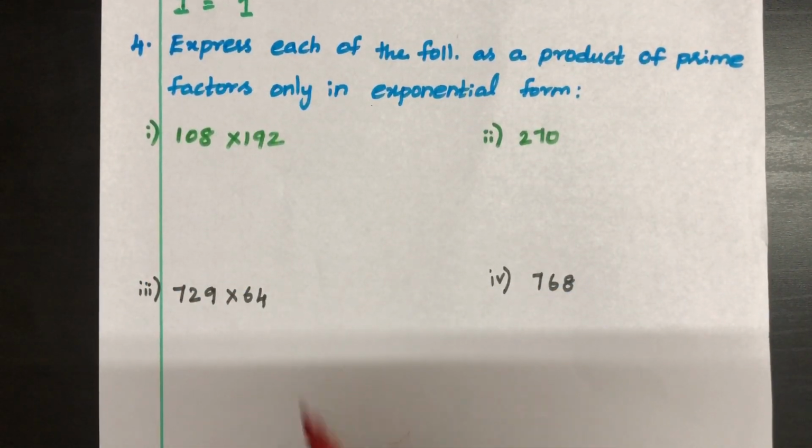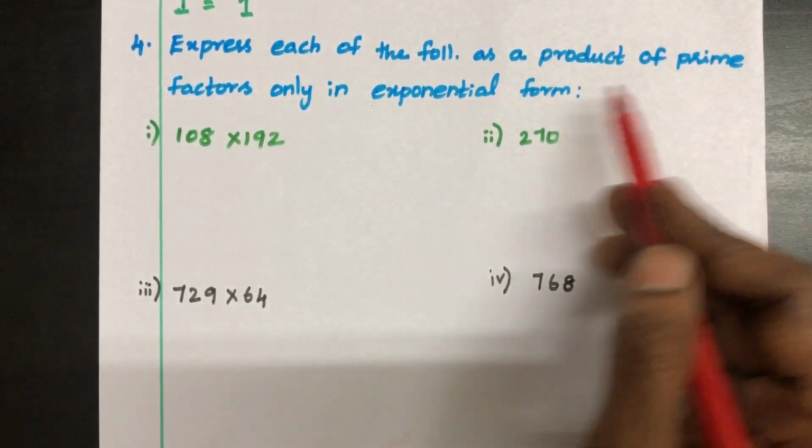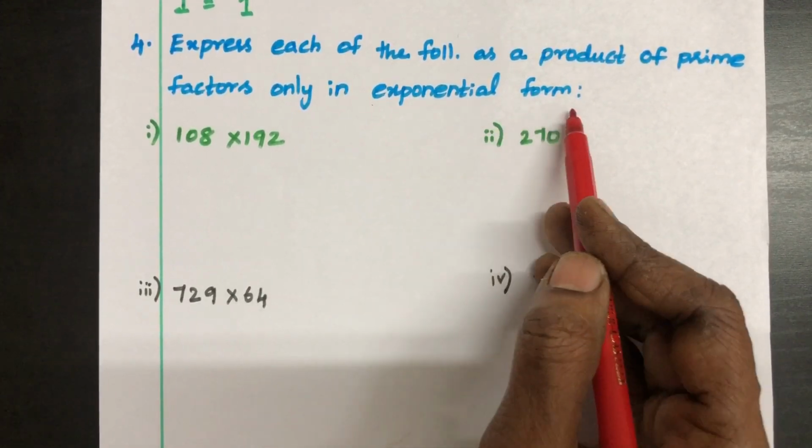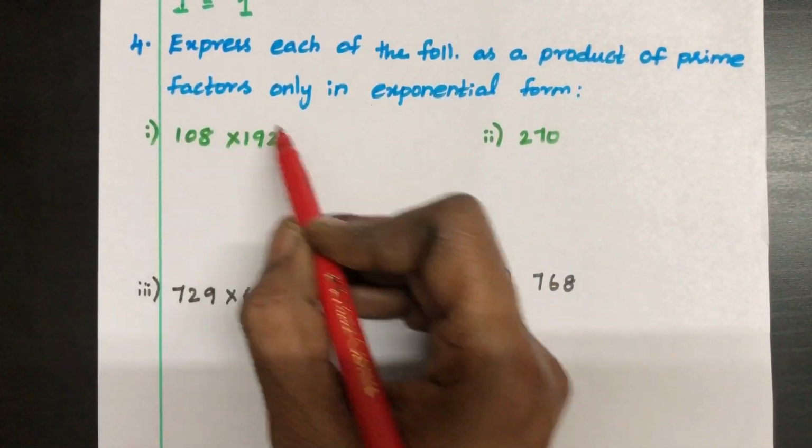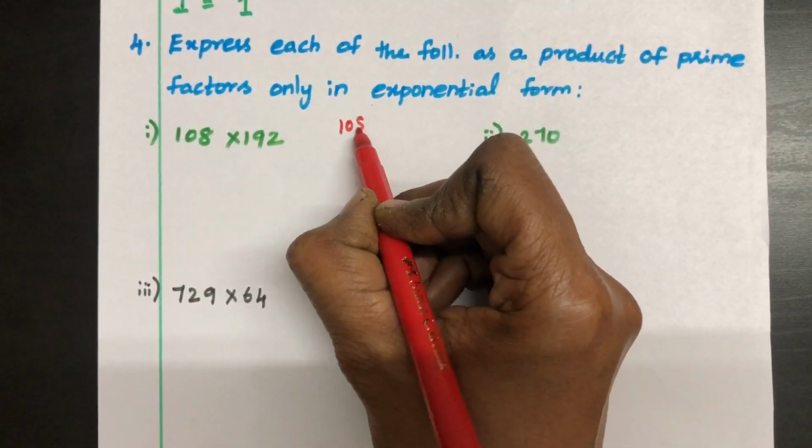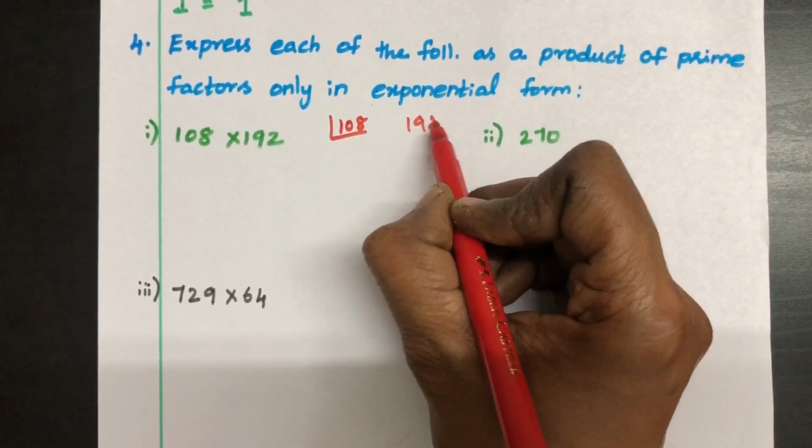Fourth question, express each of the following as a product of prime factors only in exponential form. So, prime factors only, 108 and 192.